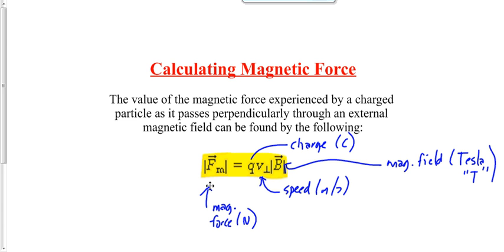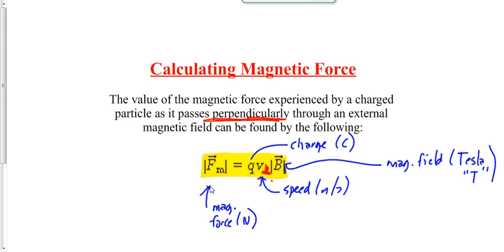What about this little notation right here? I don't think we've seen that at all before. It's an upside down T. What do you think that means? It's a reminder that this equation is only valid if the speed of the particle and the magnetic field direction are perpendicular to each other.